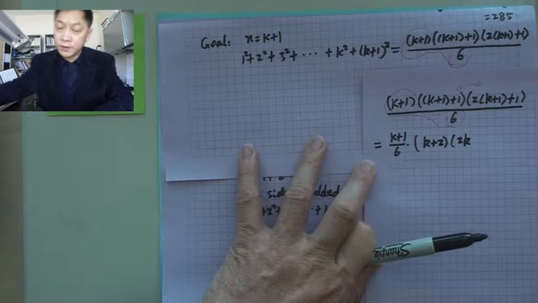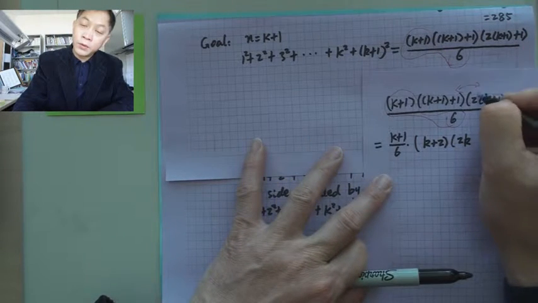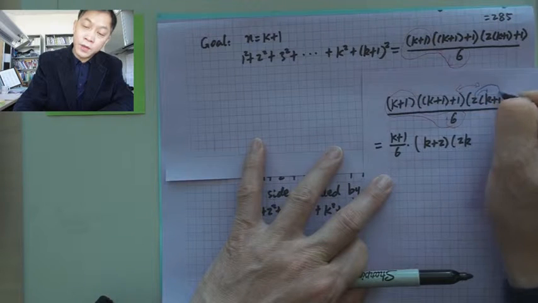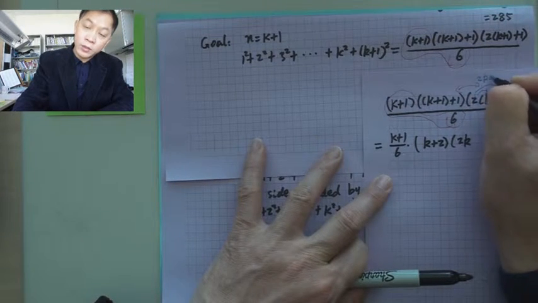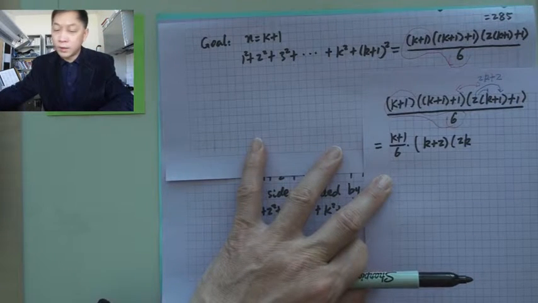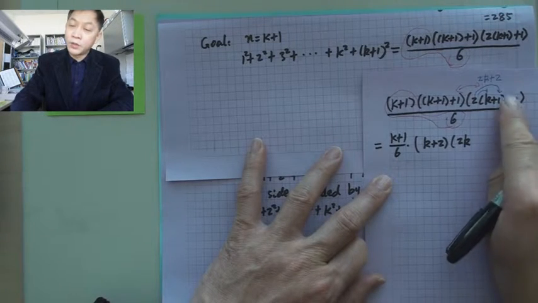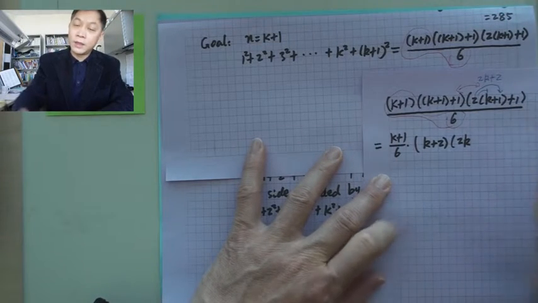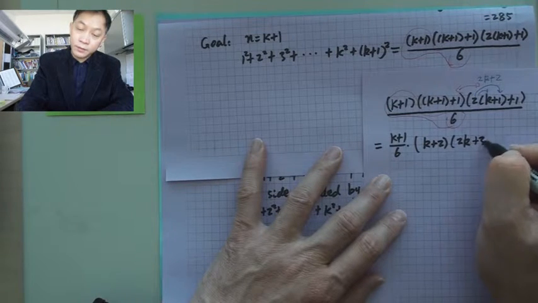To save the work, you do 2 times k, 2 times 1. This will give you 2k plus 2. Okay? And then plus 1, so you have a 3. So let me write, it would be 2k plus 3.